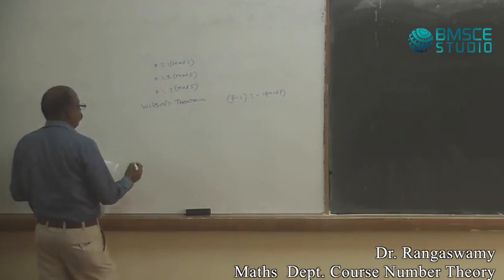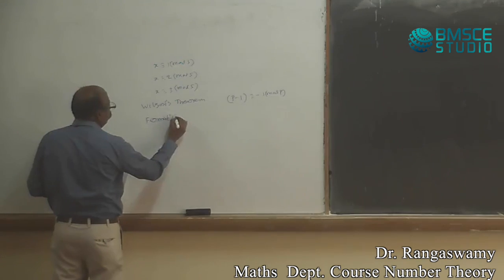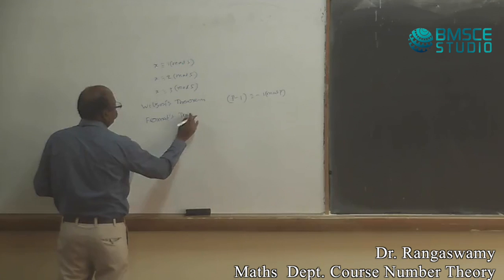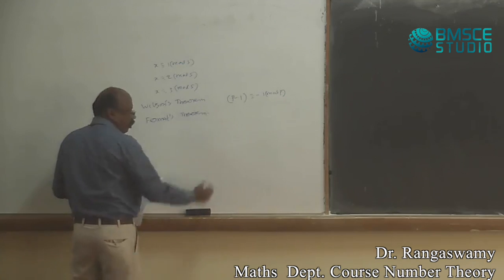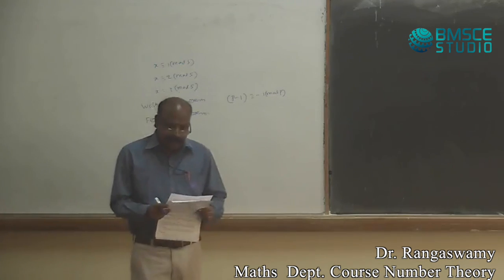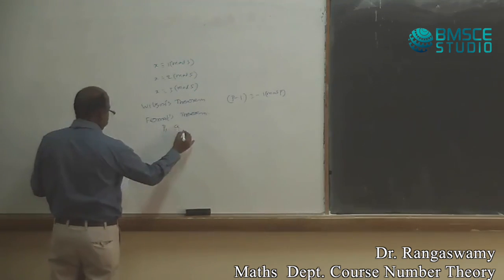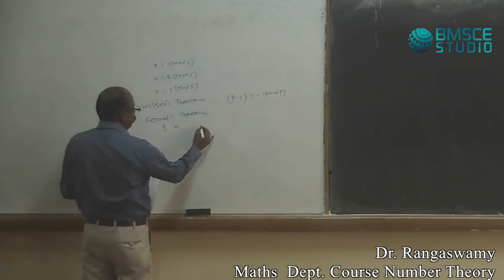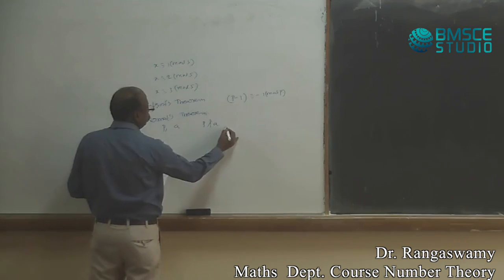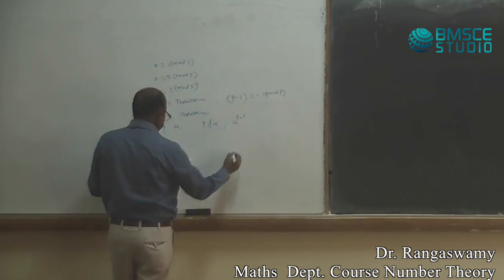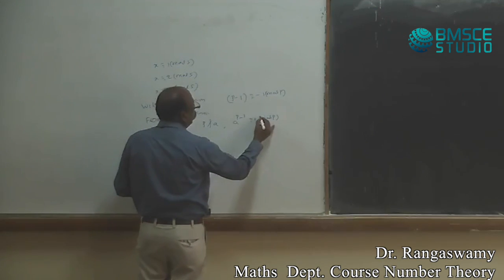Another one is Fermat's theorem. Let p be a prime and a any integer such that p does not divide a, then a power p minus 1 is congruent to 1 mod p.